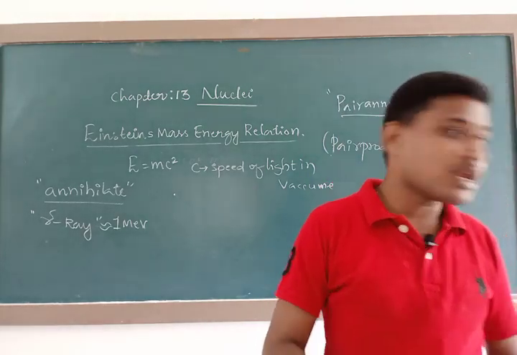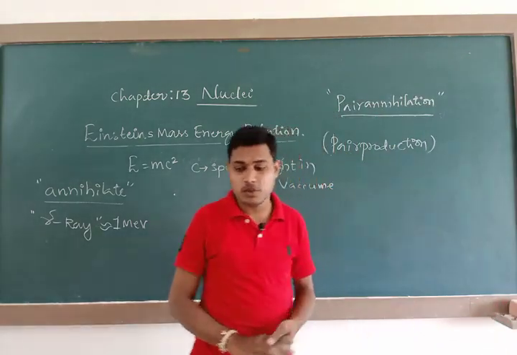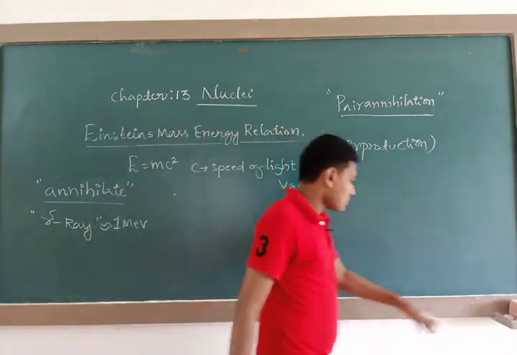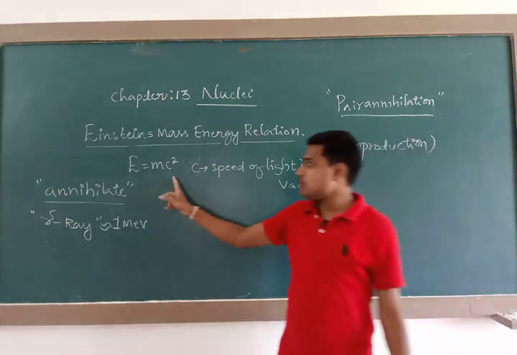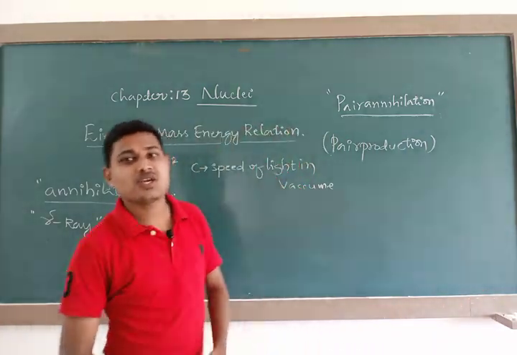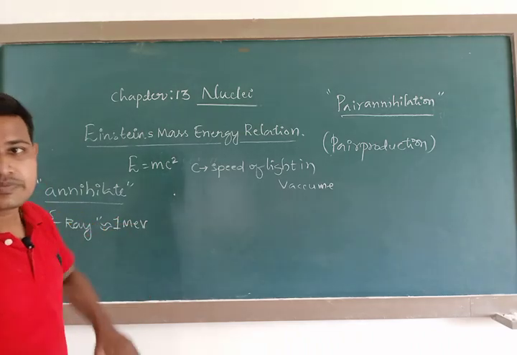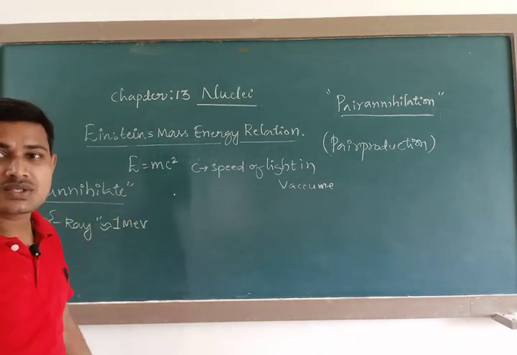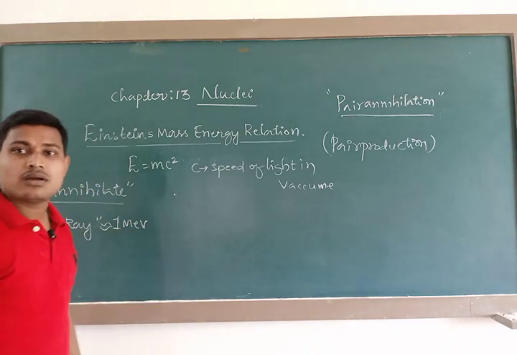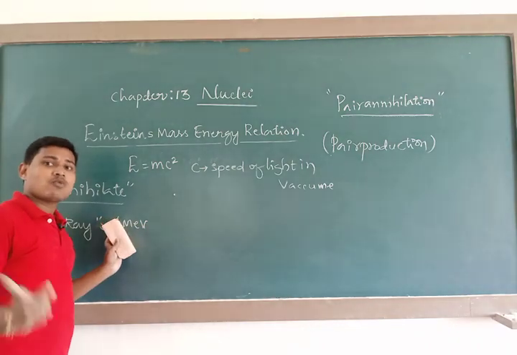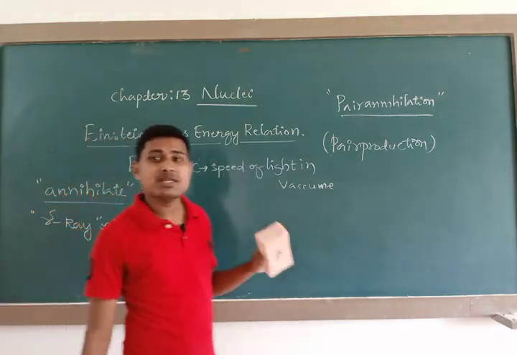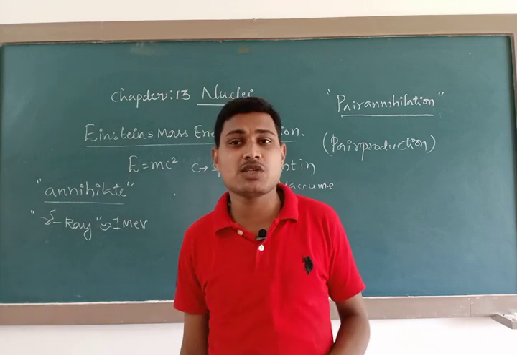topic is energy equivalent to one atomic mass unit. Generally we know that mass can be converted into energy and energy can also be converted into mass according to Albert Einstein's theory of relativity. We know that one atomic mass unit is equal to 1.66 into 10 power minus 27 kg.